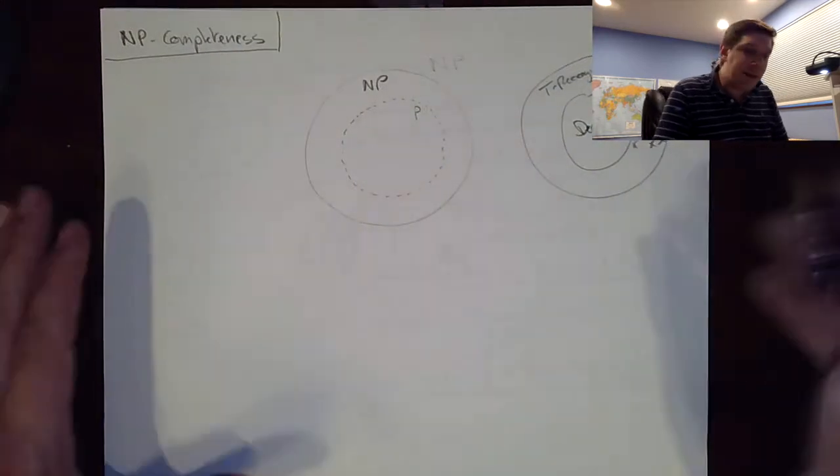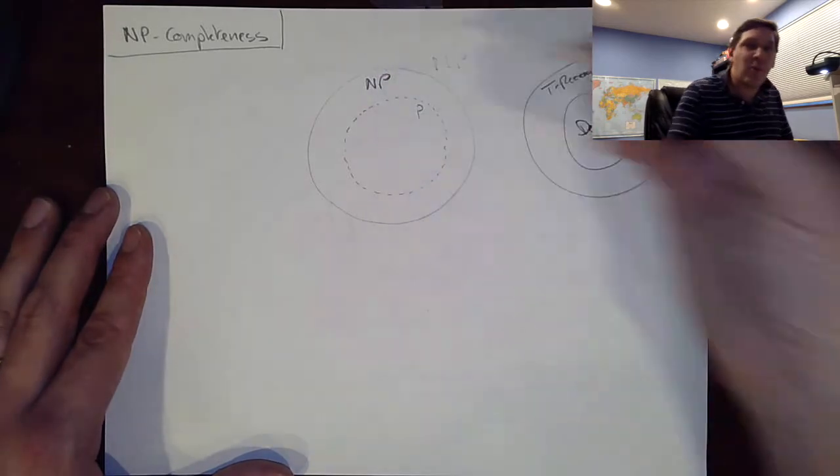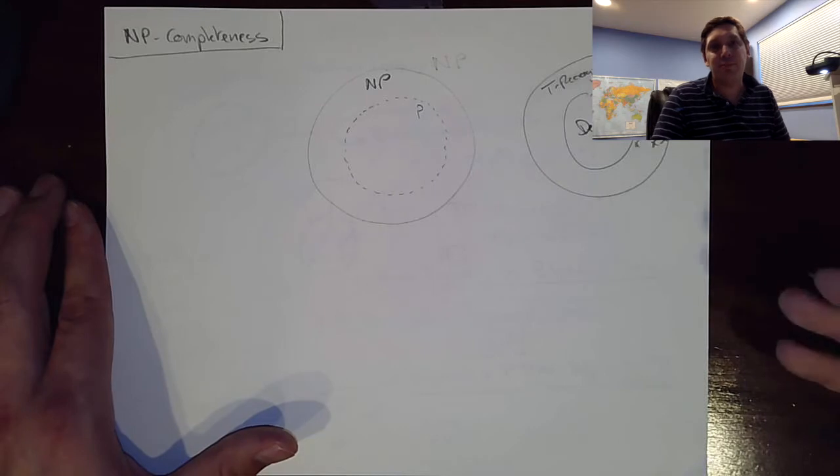What we want to find are problems that can be considered to be at the border of complexity of NP.